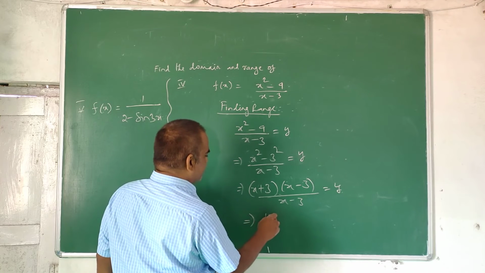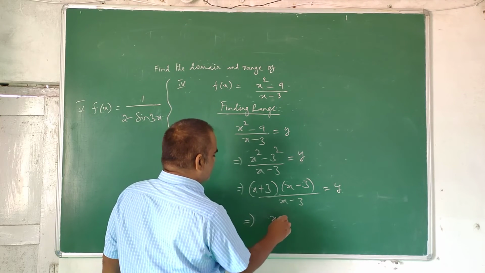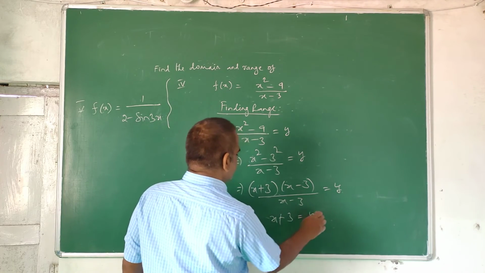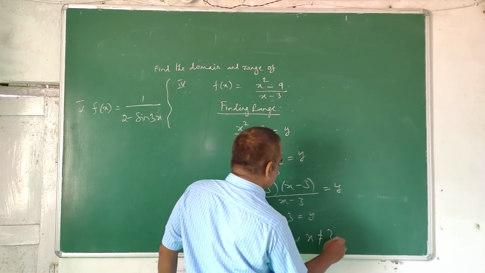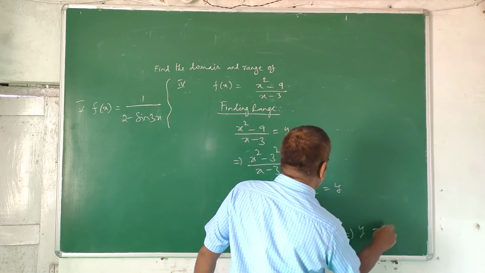X minus 3 gets cancelled, x plus 3 is equal to y, whereas x is not equal to 3. It means y is not equal to 6.